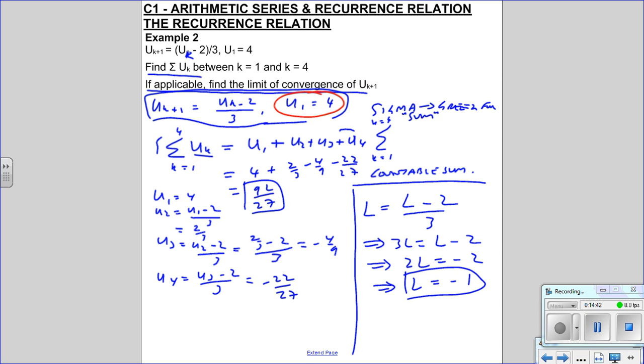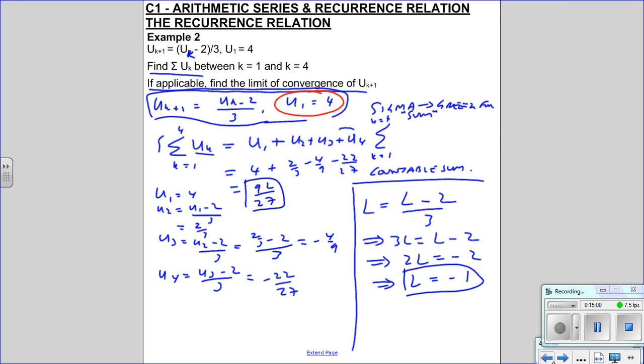Press equals, you get minus 4 over 9, press equals, minus 22 over 27. Just keep pressing equals, loads and loads of times, and it will converge on your calculator to minus 1 every time. I really hope you're testing that. Okay? And that's it for recurrence relation.